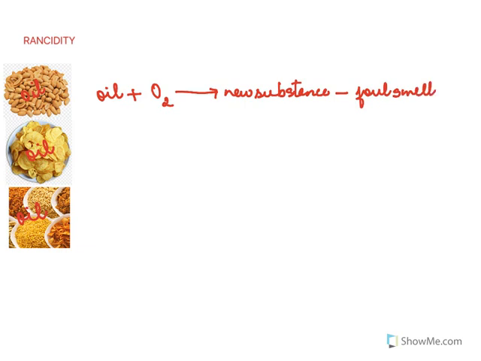The potato chips are also fried in oil. These namkeens have also been fried in oil. So the oil in this food combines with oxygen to give new substances, and this oxidized substance has a different smell, it may not be very foul, but a different smell and taste. So we say this substance has become rancid.